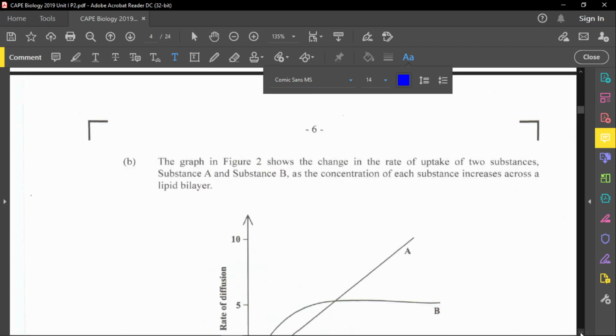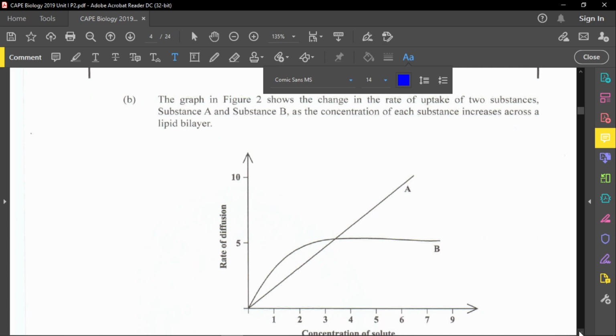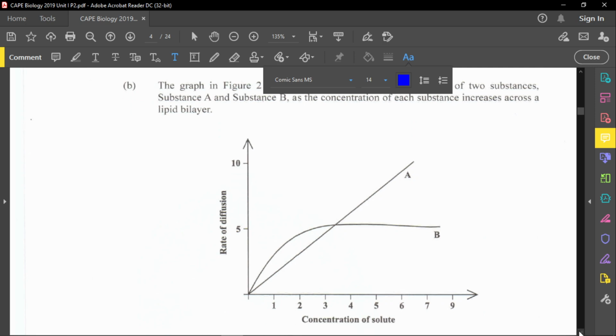Now let's go to the next part of the question. Part B says the graph in figure 2 shows the change in the rate of uptake of two substances, substance A and substance B, as concentration of each substance increases across the lipid bilayer. When we talk about the lipid bilayer, we're talking about a plasma membrane. Firstly, let's observe the graph.